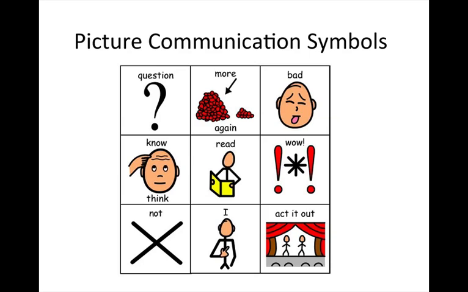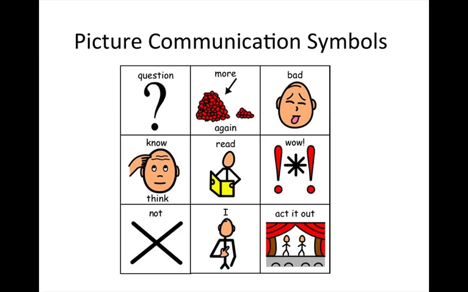But if the symbols that we choose are symbols that are more generic, that what we would call in the augmentative communication community are more core, they can be used across a wide variety of activities to communicate a diverse array of messages and to meet an array of communication functions.